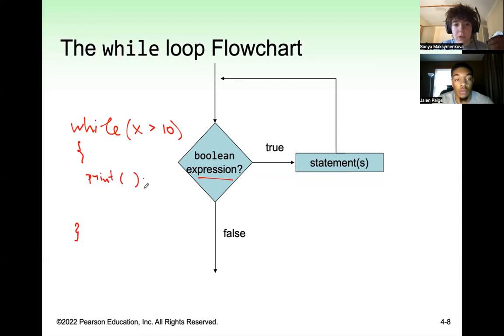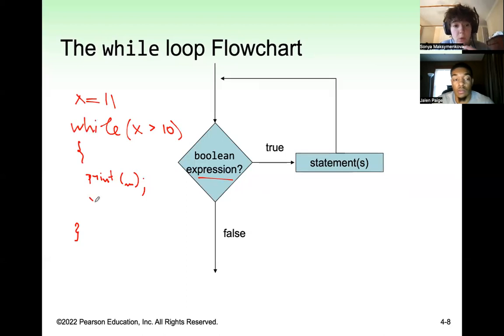If you are not updating that x, and for example x is 11, so if we assign 11 to x and we check for x greater than 10 without doing anything to the x within the loop, this will run forever. This will be printing the same statement forever until either your computer crashes or your program crashes, but this is what would be called an infinite loop.